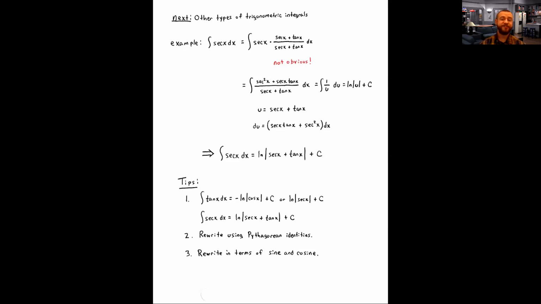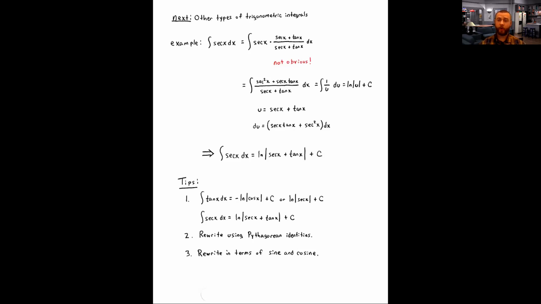Recall that of all 6 trig functions, there are really only 2 basic ones, sine and cosine. The 4 other trig functions, tangent, cotangent, secant, and cosecant, can be expressed as combinations of sine and cosine. So as an option of last resort, try to rewrite the integral in terms of just sine and cosine, and hope and pray, cross your fingers, that a substitution works.